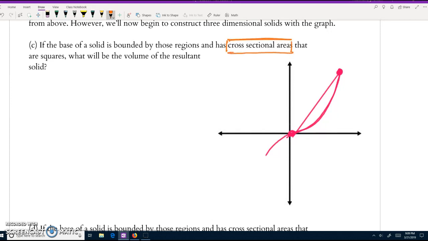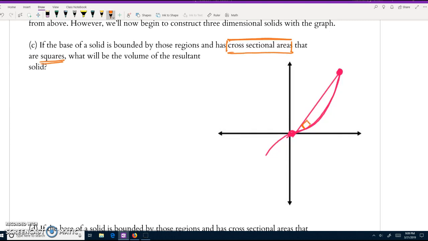We are told that the cross-sectional area that we're working with is going to be a square. What that means is each of these lines that I can draw between the upper line function and the lower cubic function is going to represent a square.